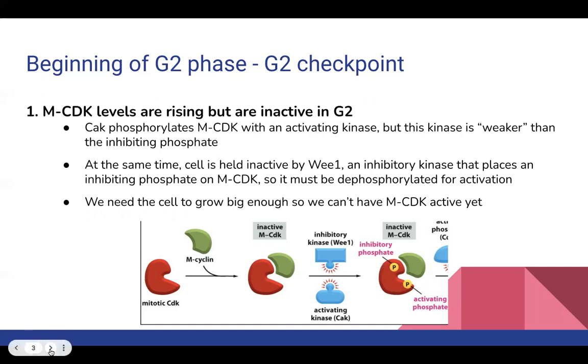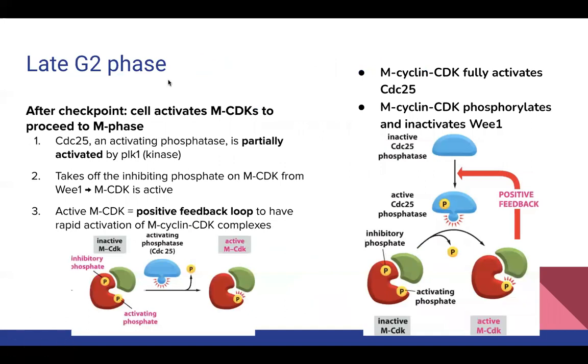But when it's all ready, we can go into late G2 phase where we have that positive feedback loop that's going to activate MCDKs to allow it to proceed into M phase. So for this, we have our inactive MCDK right now, and then we've got CDC25, which is going to be the activating phosphatase that's going to remove that inhibitory phosphate.